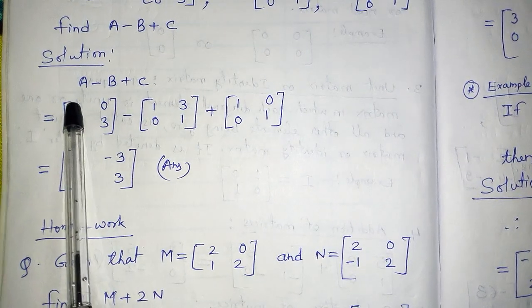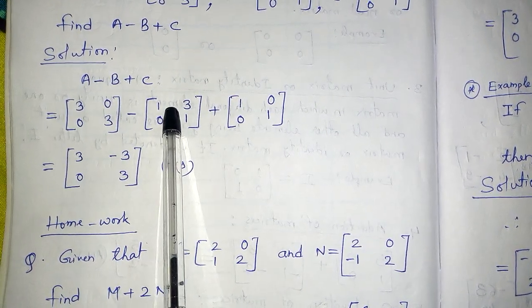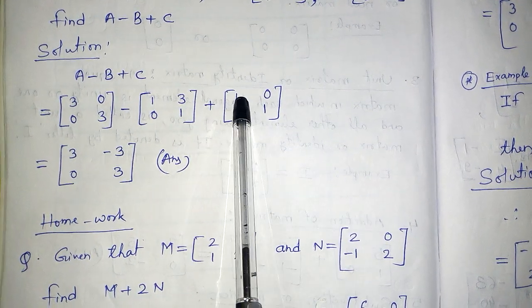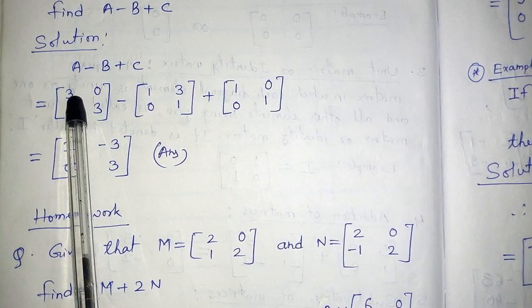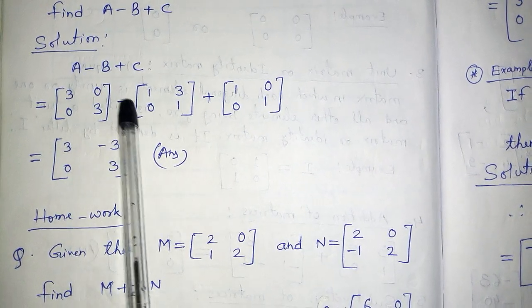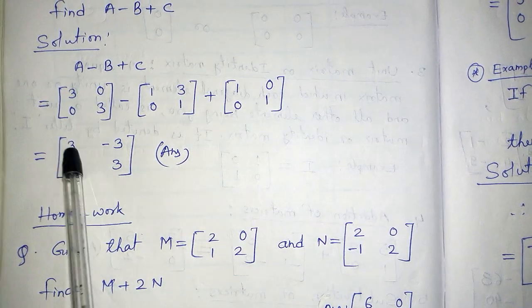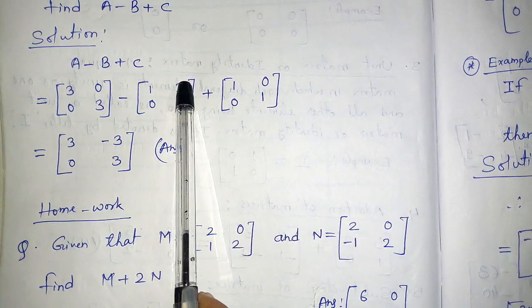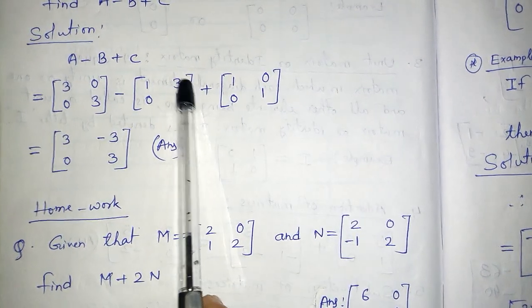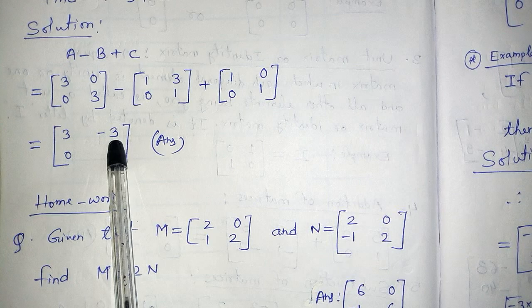Now 3 minus 1 is 2, and 2 plus 1 is 3. Once again, first I subtracted: 3 minus 1 is 2, and that 2 plus 1 is 3. Now 0 minus 3 is minus 3, and minus 3 plus 0 is minus 3.